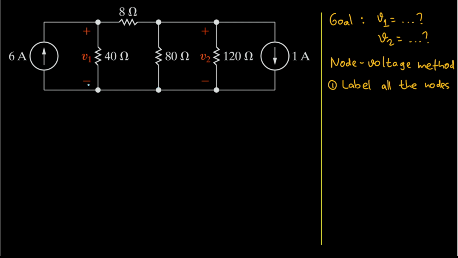Let's set our bottommost node here as our ground. So we will have this here as our reference node, or some other books call it ground, but it is exactly the same, which is the voltage in this node here is 0, right?